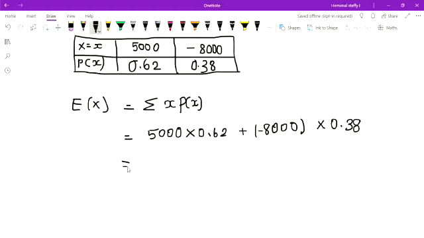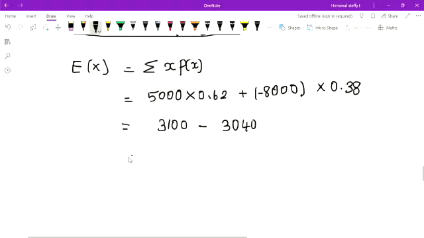So I multiply 5000 and 0.62, it gives 3100. Plus minus into plus is equal to minus, so I write here 8000 into 0.38, which gives 3040. I subtract both values, it gives rupees 60.